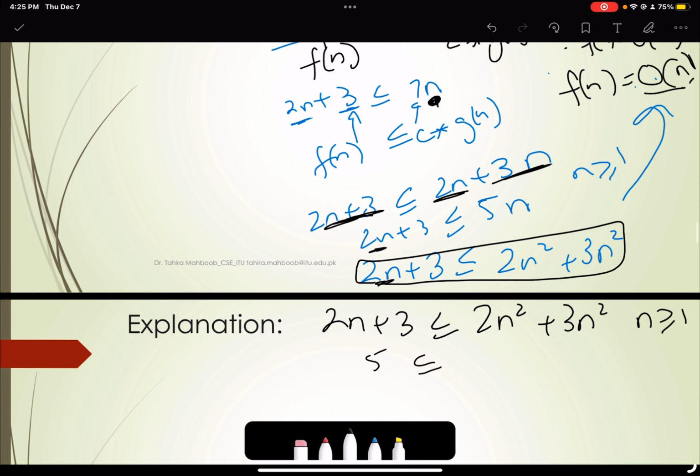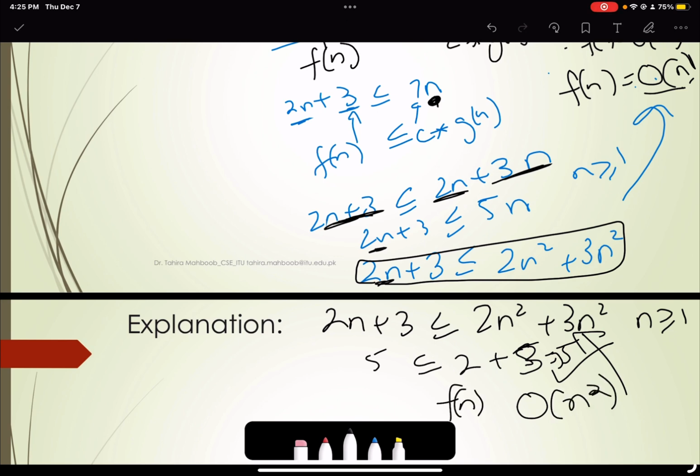This becomes 5. Two plus 3 becomes 5. So this is also true. So the complexity of this g of n becomes O n squared.